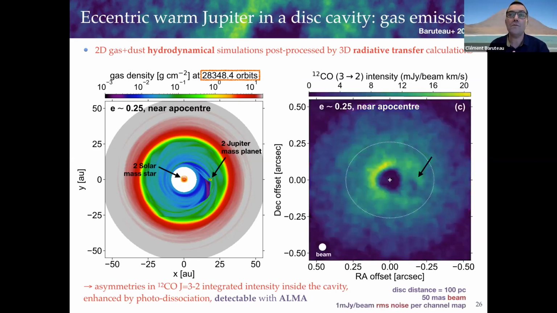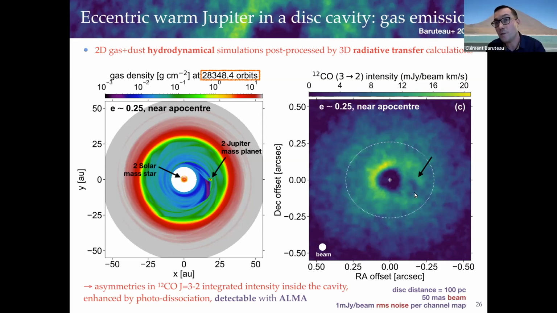Moving on, with white noise superimposed on the specific intensity prior to beam convolution. After the convolution, we get this observable intensity contrast due to the eccentric planet inside the cavity.